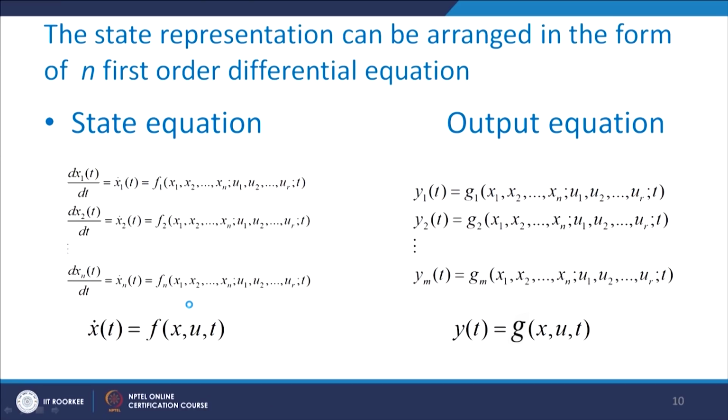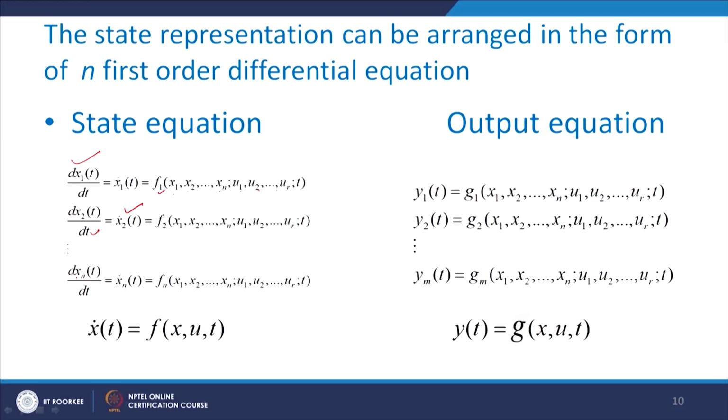Now we have to represent these equations. In state space we have to represent them in first order differential equation form. That means dx1 by dt, equal to x1 dot of t, is a function of x1, x2, up to xn, u1, u2, up to ur, t. Similarly, dx2 by dt, that is x2 dot of t, is also a function of x1, x2, xn, u1, u2, ur, t.